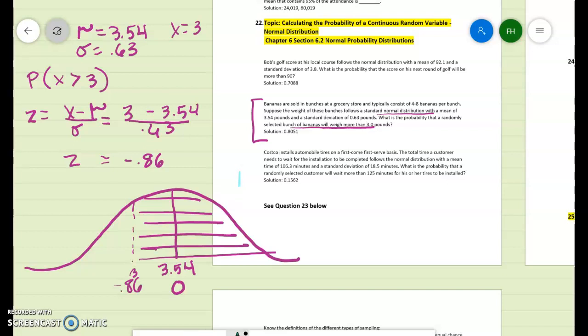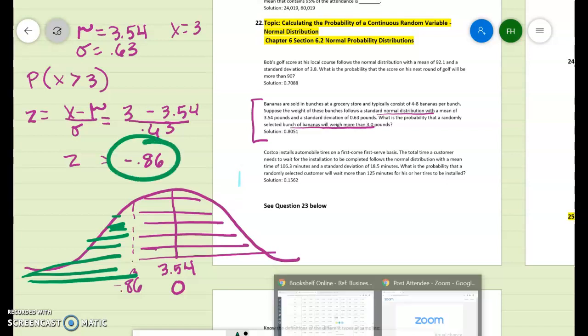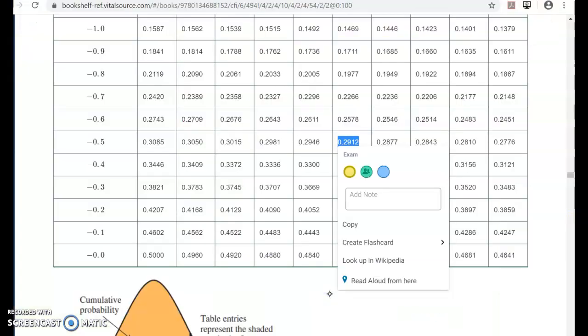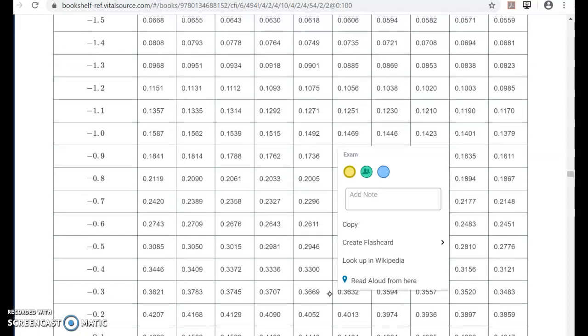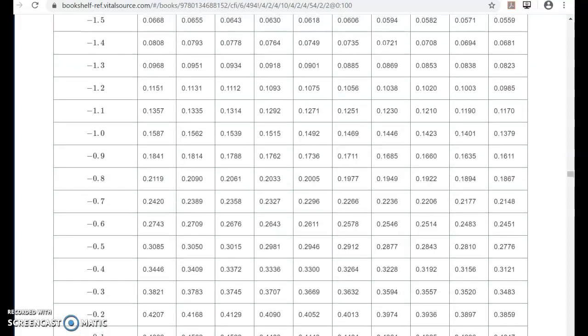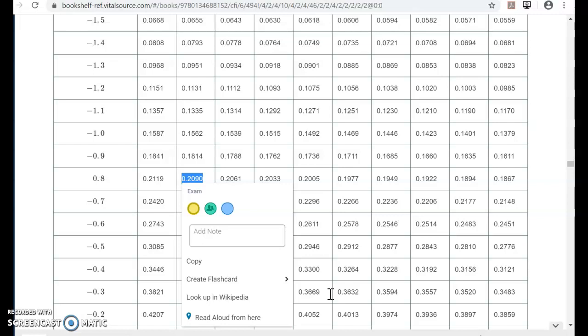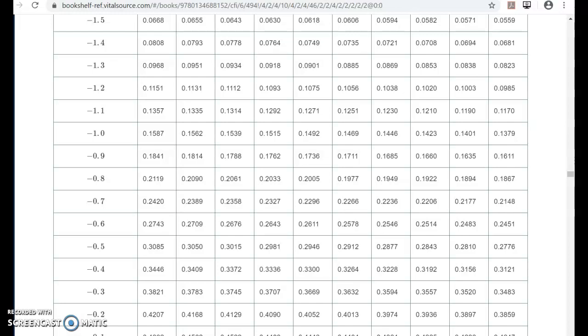Now when we go to our table, it's going to show us the probability of it being less than 3. So we're going to have to get the greater than side, we're going to have to say 1 minus what we look up on the table. You're looking up negative 0.86 on the table. So if we go to negative 0.86, here's 80, 81, 82, 83, 84, 85, 86, 0.1949.